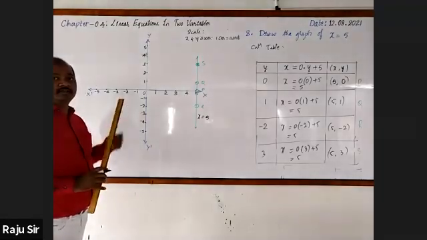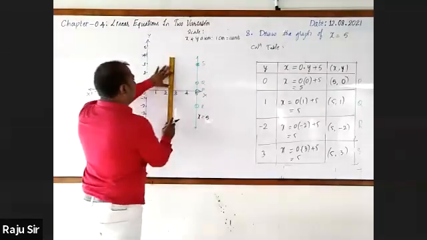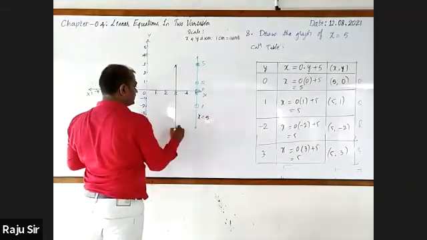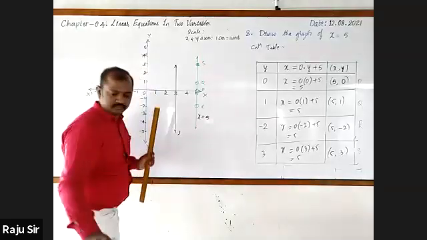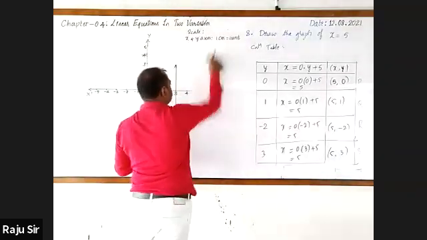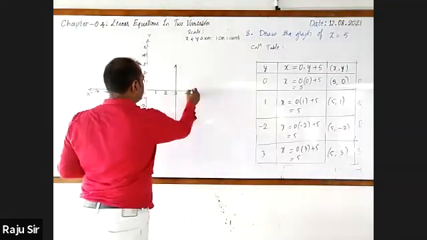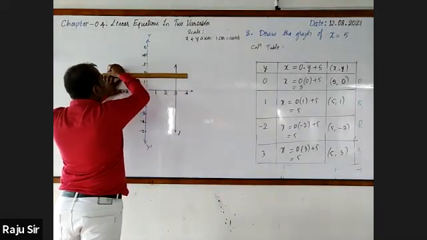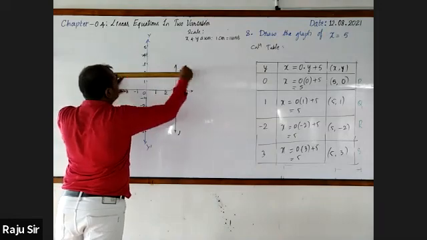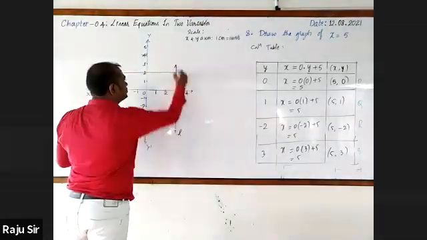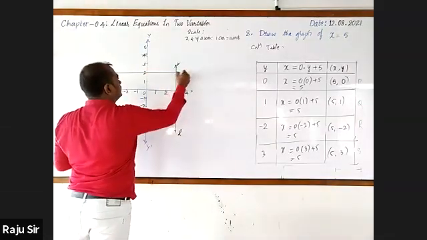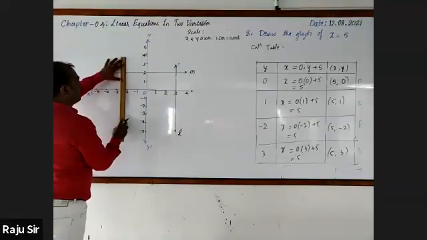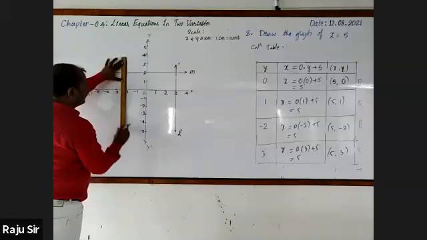They are given this as the line L. This is L, and this is M. Sir, should we draw this?